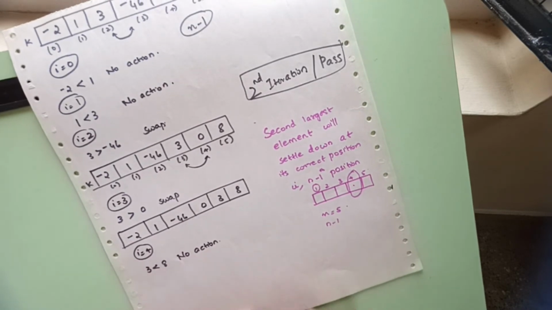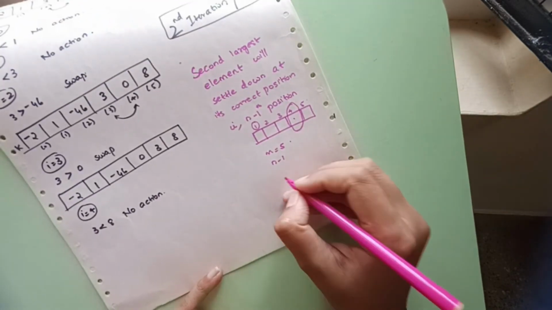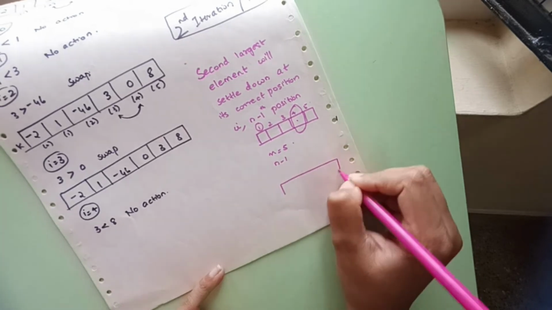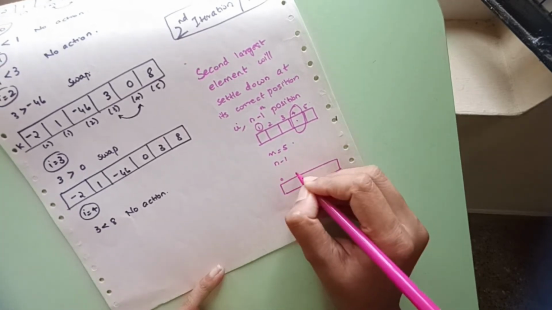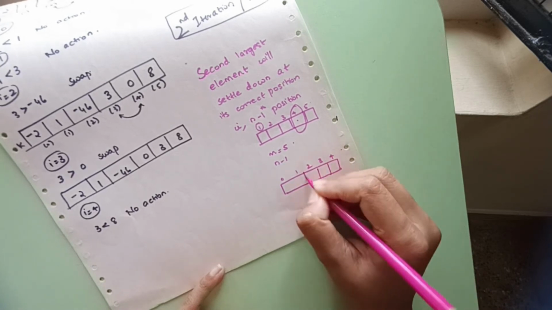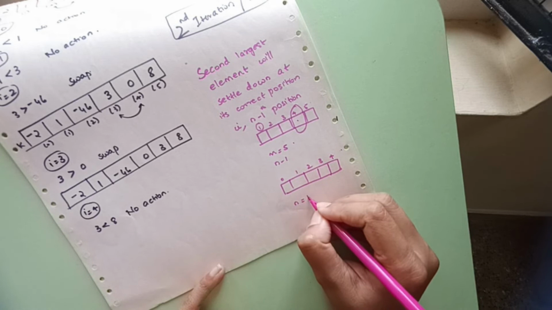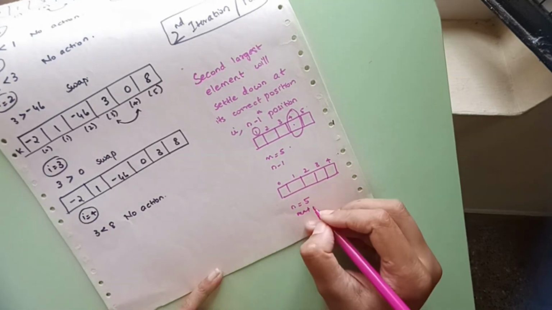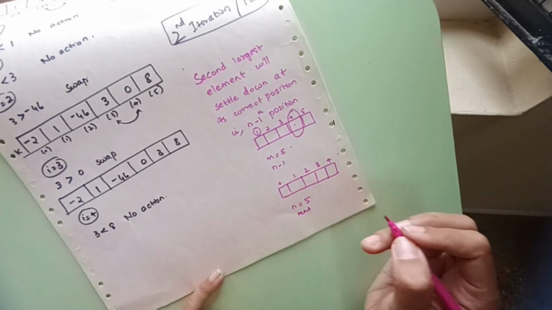Let's see, if the array index starts from 0, we have 0, 1, 2, 3, 4. So our n is the sample size, n is equal to 5. Usually we write the sample size as n is equal to 5.